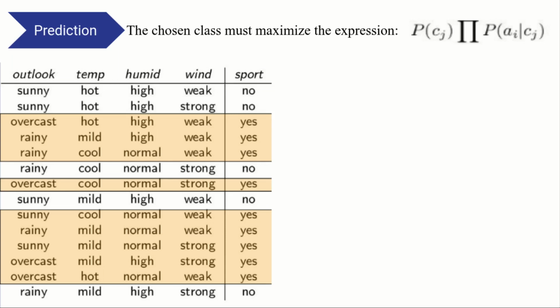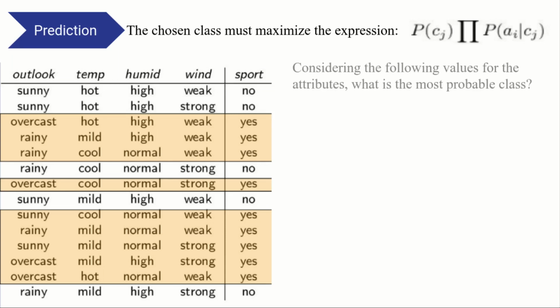In this case, it's sport. And we will do that considering the weather conditions. Let's say we know the weather conditions. So we want to know if there's going to be a sports practice or not based on these weather conditions. We know that the outlook is sunny, the temperature is cool, the humidity is high, and the wind is strong.